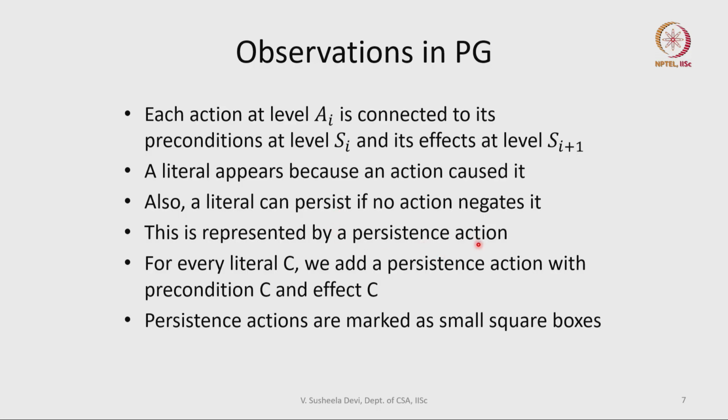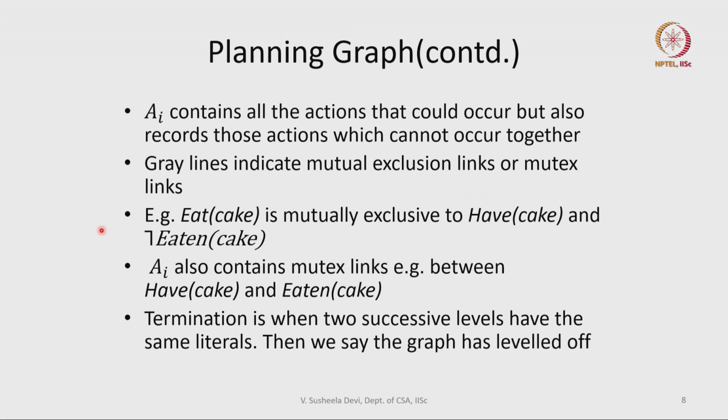This is represented by a persistence action. For every literal C, we add a persistence action with precondition C and effect C. Okay, so for every literal, we do that. So the C also is put into the next state. And the small square boxes is what we have used to represent that.